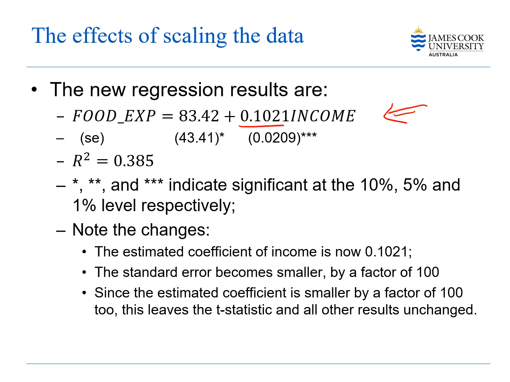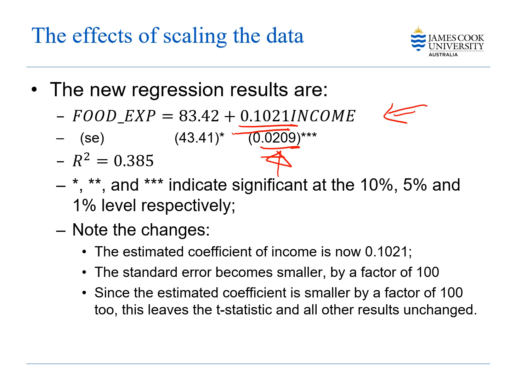You should note that b2 here, previously 10.21, now becomes 0.1021. Remember, we scale the income by multiplying the income by 100. And the standard error is smaller by the same factor as well.